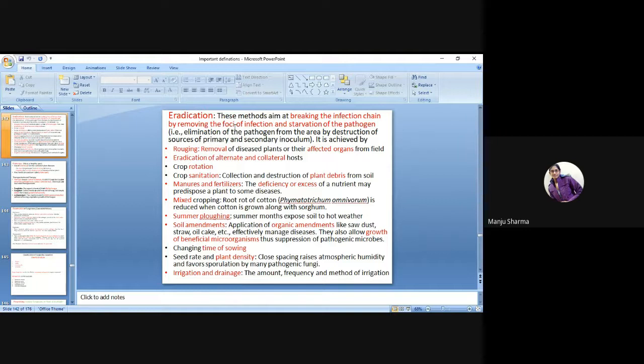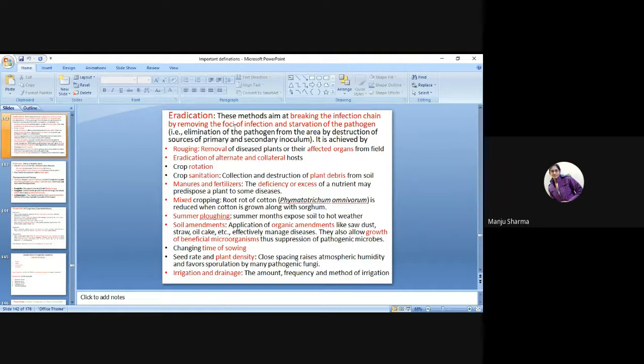Soil amendments like application of organic amendments like sawdust, straw, oil cake, etc. effectively manage diseases. They also allow growth of beneficial microorganisms, thus suppressing pathogenic microbes.